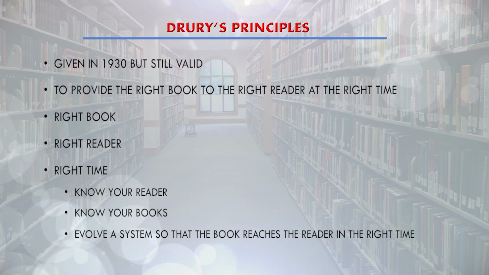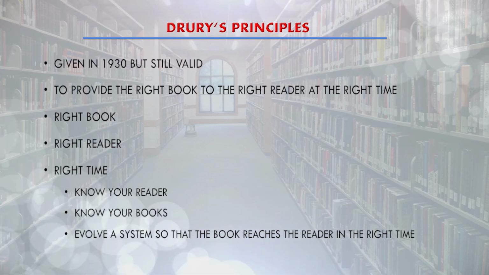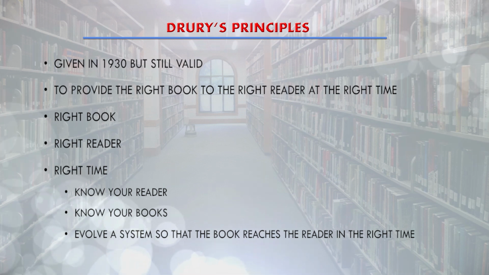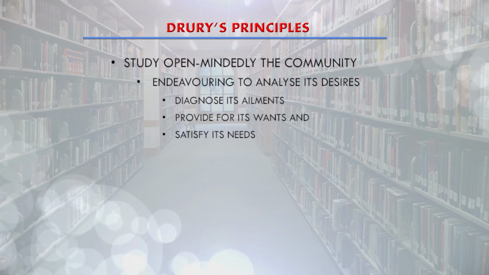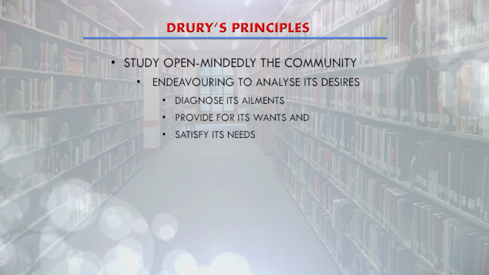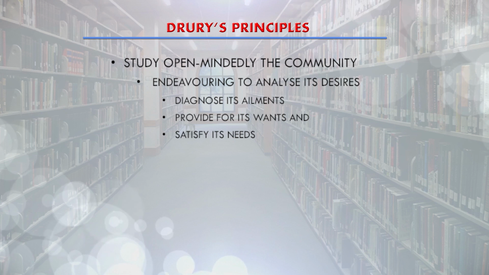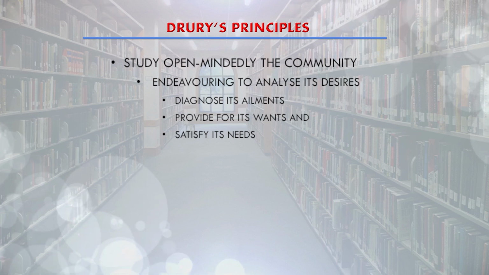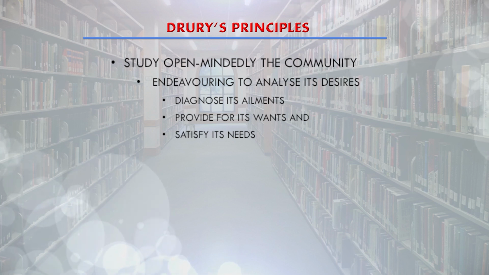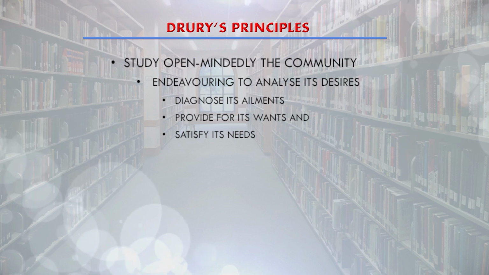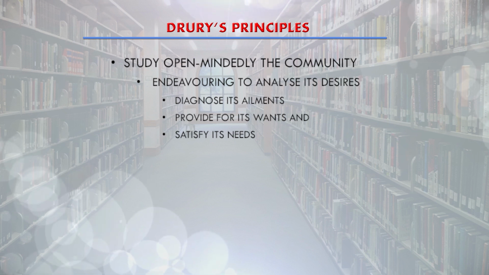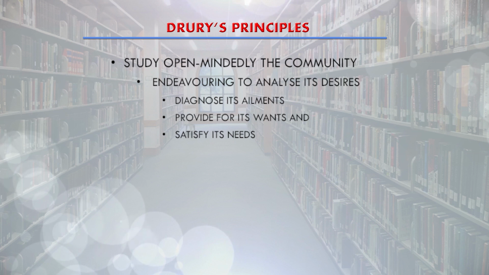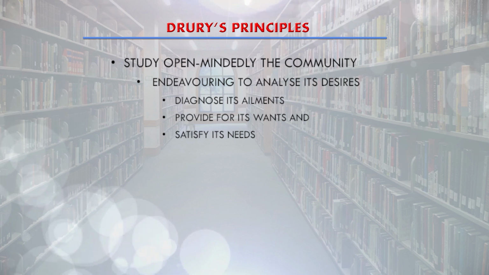We will study all these 21 principles in brief one by one. First, he says, study open-mindedly the community. Community means your users, your readers, and therefore, he says that you analyze their desires, meaning what they want, what they really request from you, what they desire from you.